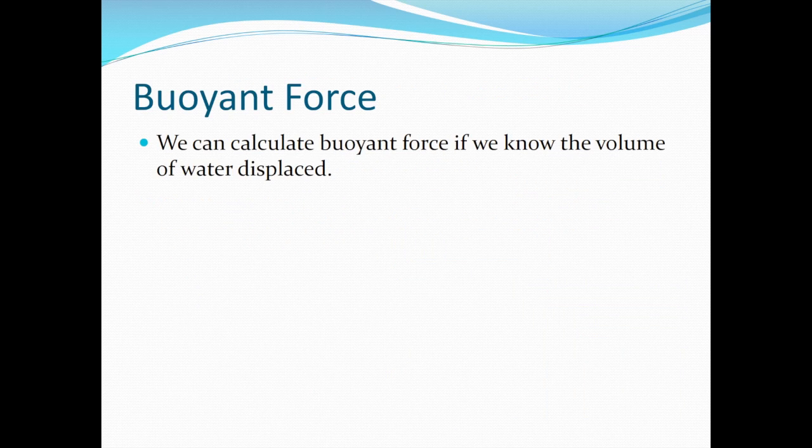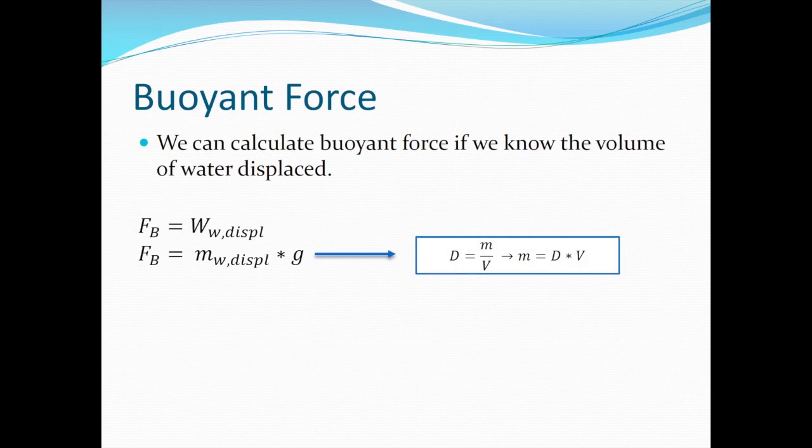We can find the buoyant force if we know the volume of water that is displaced. If we start with our equation that F sub B equals weight of water displaced, and remember that weight is mass times acceleration due to gravity, we can write that F sub B equals m of water displaced times g. How can we relate this to the volume of water displaced? Remember that mass and volume are related by density, D equals m over v.